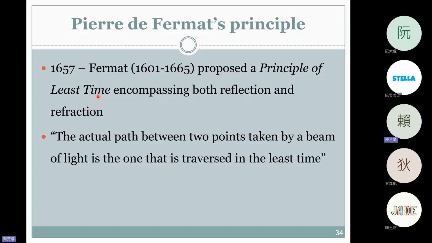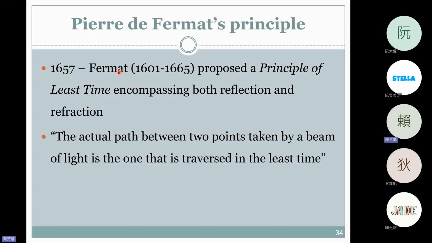So consider Hero's principle: if it is right, it can only be used in reflection, but cannot be applied to refraction, because when light transmits in a material, it does not go directly in the same direction as the incident light. It is bending. So the shortest path cannot be used in refraction.